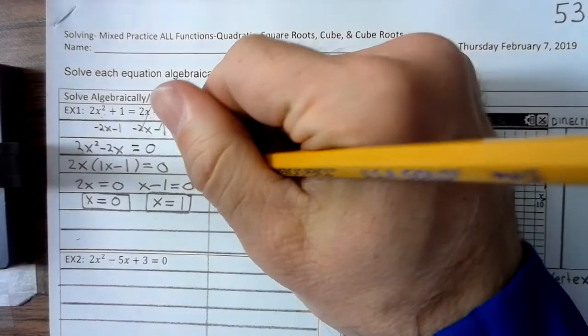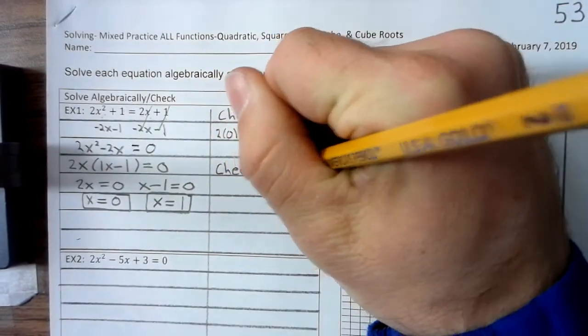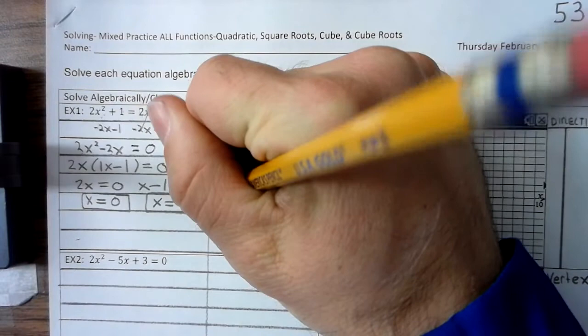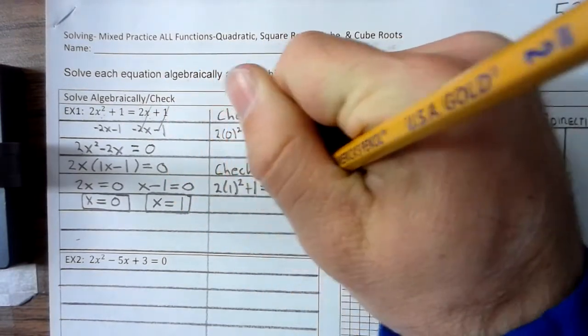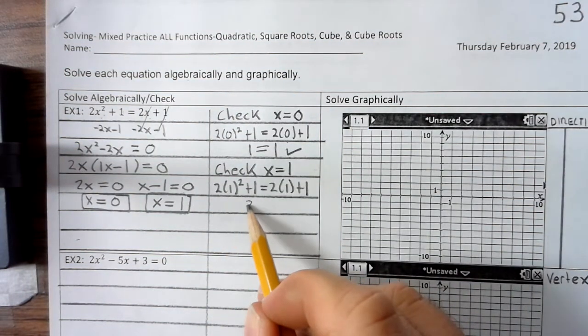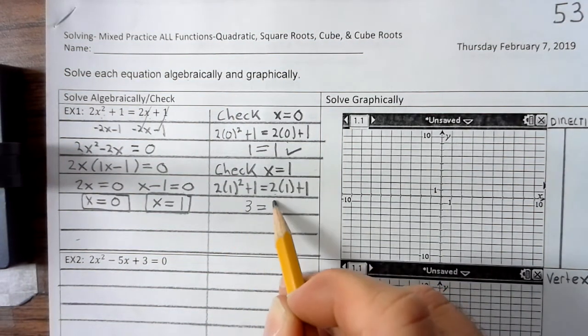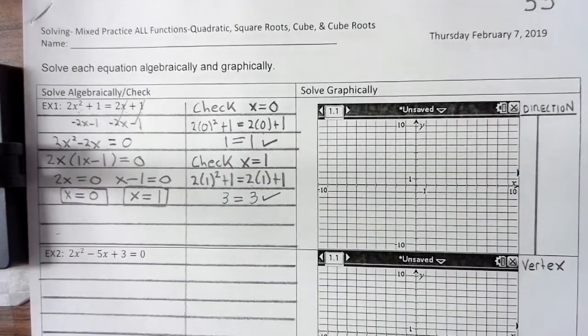Okay, now let's check x equals 1. So that's 2 times 1 squared plus 1 equals 2 times 1 plus 1. Well, that's 2 plus 1 is 3, that's 2 plus 1 is 3, so that checks. All right, so now let's graph.